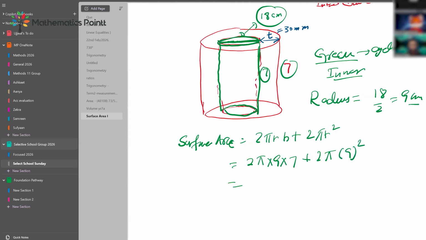Let's solve it. How many pi's now? So 126 pi's here, plus 81 times 2, 162 pi's here.